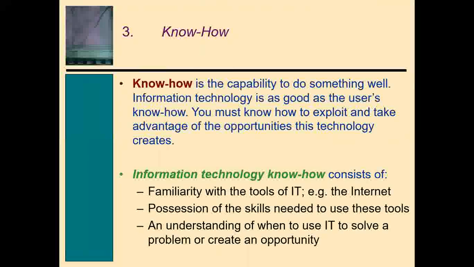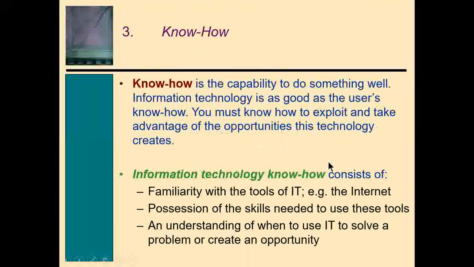You won't use it in the most effective possible way. So you need to know how to use the technology for the technology to do what you want effectively. So you must know how to exploit, take advantage of, the opportunities this technology creates.